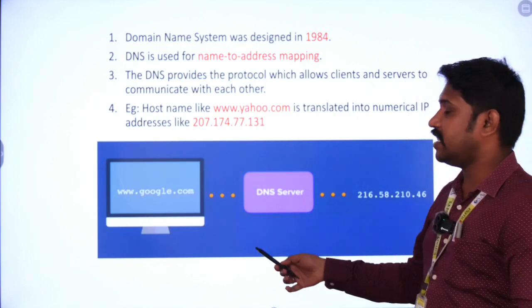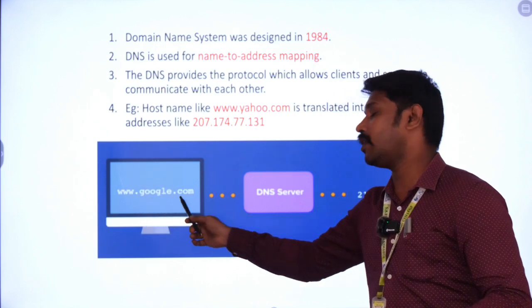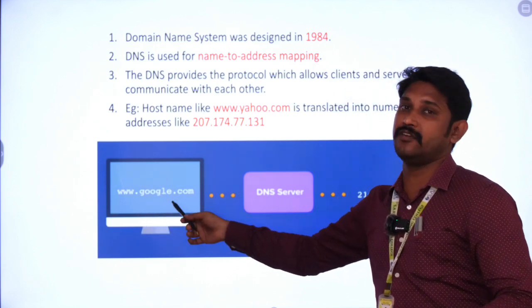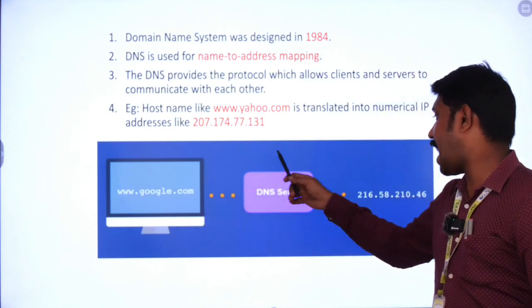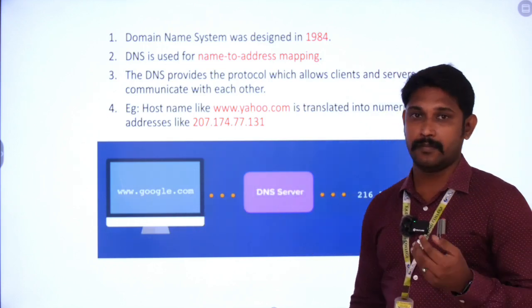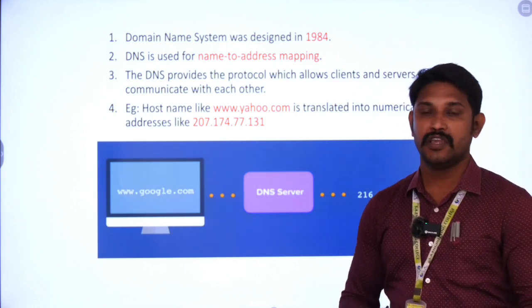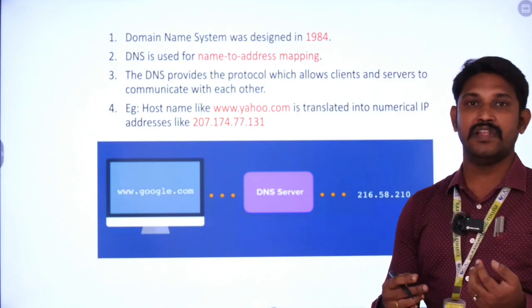As I told you, the same example. Let us consider a web address, that is www.google.com. Here google.com is a domain name, and each domain name has a separate IP address. In the browser, I type www.google.com and press enter. What is happening?